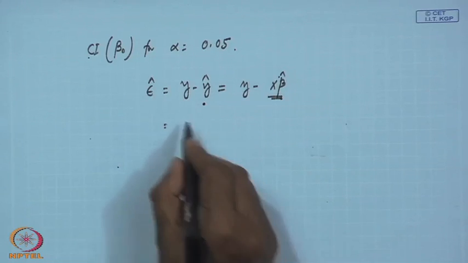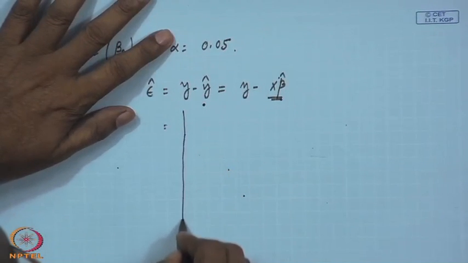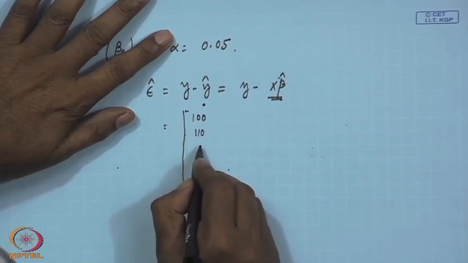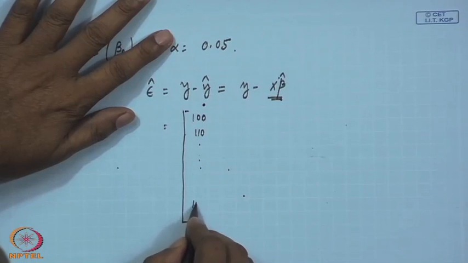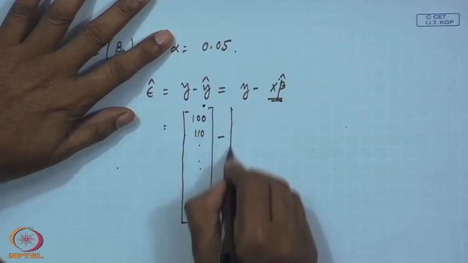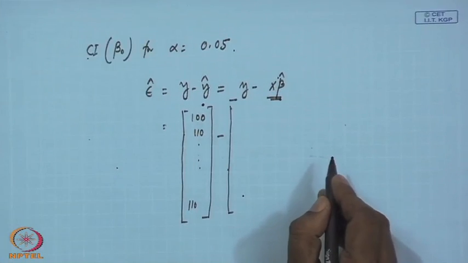Then this will be nothing but, if we write like this, I am not writing all values, some values, 110, like this, finally 110. This value minus the x value you have to write. What is your x value?